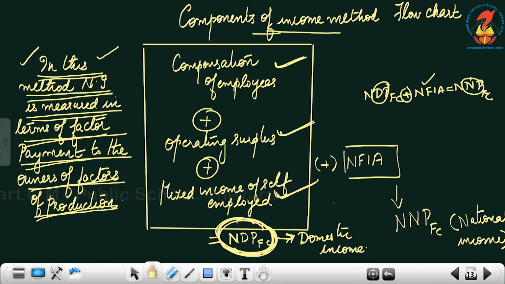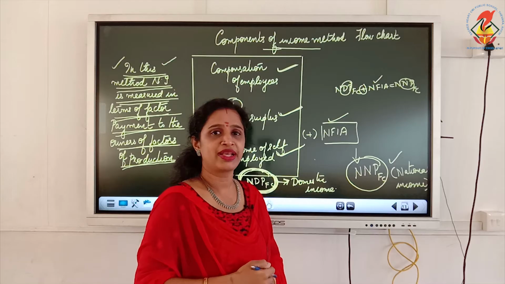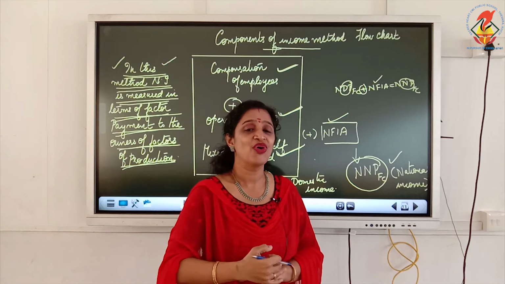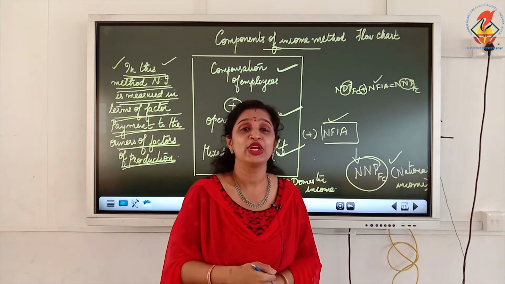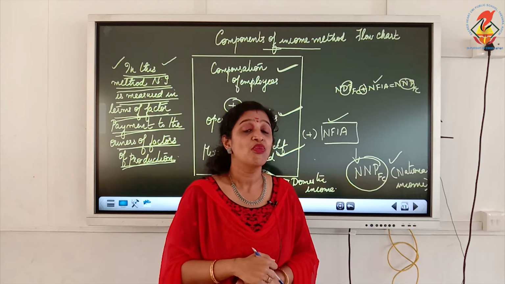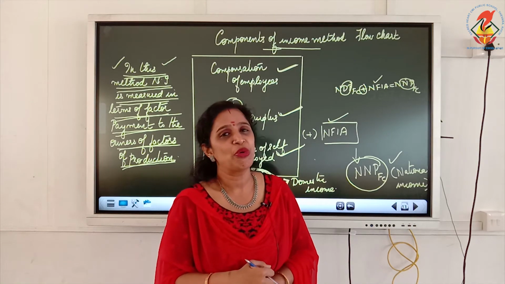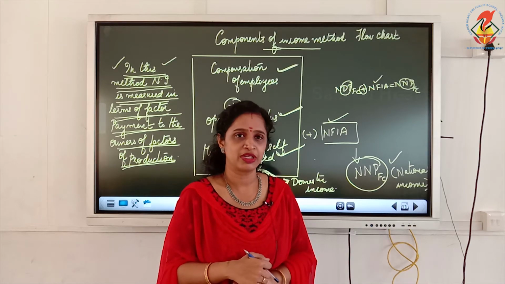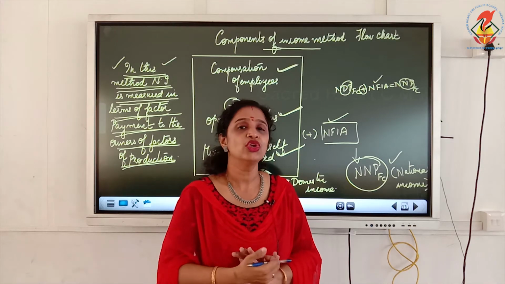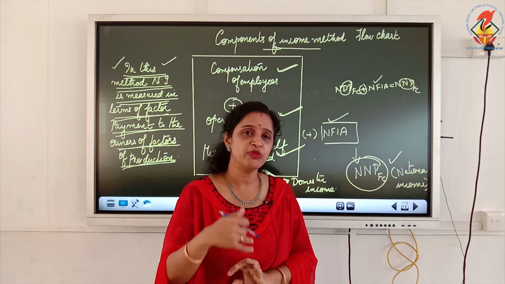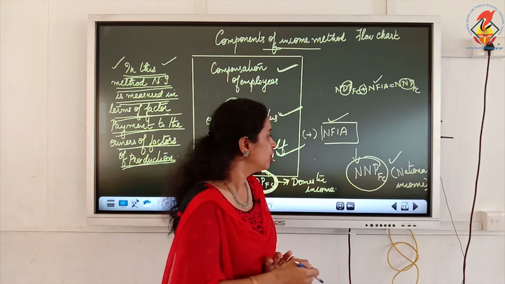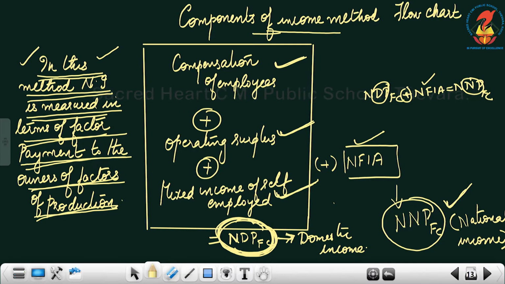So, NDP at factor cost plus NFIA will give you NNP at factor cost or national income. As simple as that. But you need to know what all are there in compensation of employees, what all components are there in mixed income of self-employed, and what all components are there in operating surplus, because by adding these three you will be getting the domestic income. From the domestic income, by adding NFIA, you will be moving on to national income.